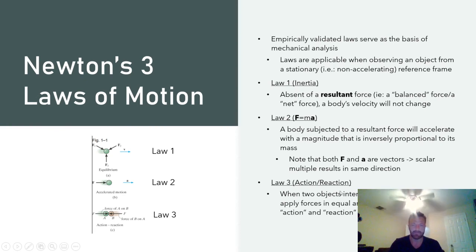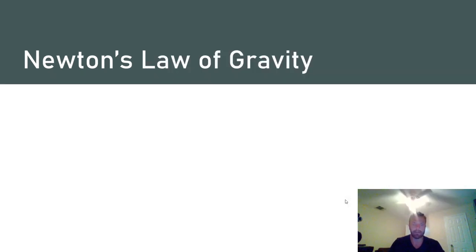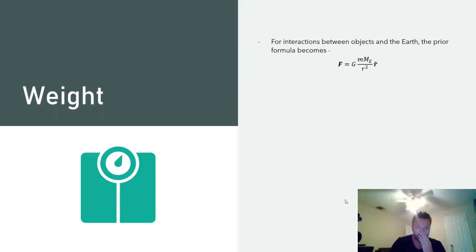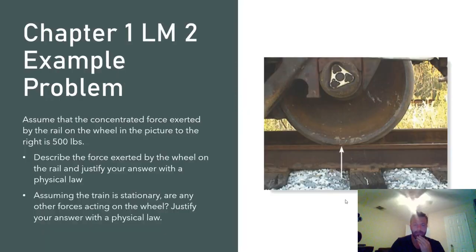What this says is when two objects, including the wheel and the rail, interact on one another, they apply forces in equal and opposite directions and of the same magnitude. So in the case of our problem here, if the rail pushes up on the wheel 500 pounds up, the wheel pushes down on the rail 500 pounds down. And that would be Newton's third law for my justification.